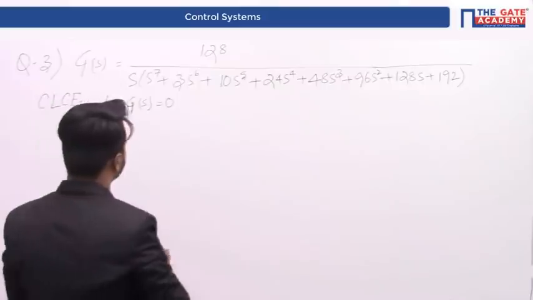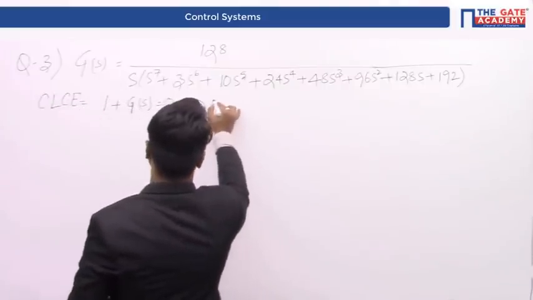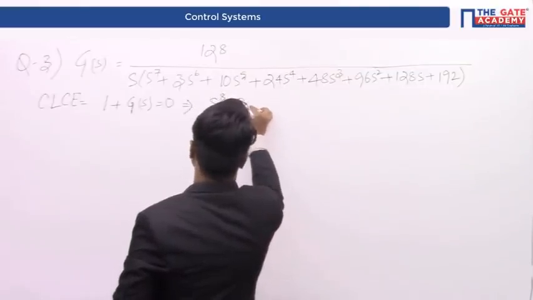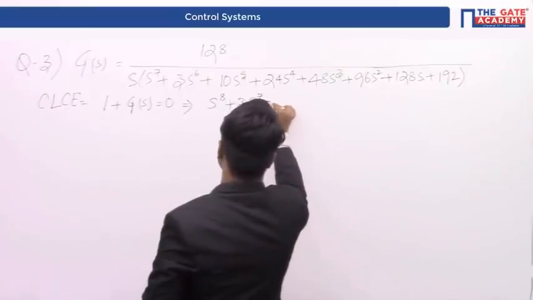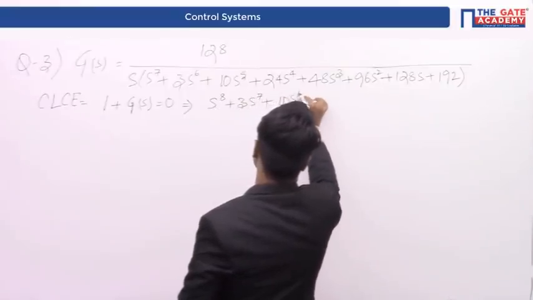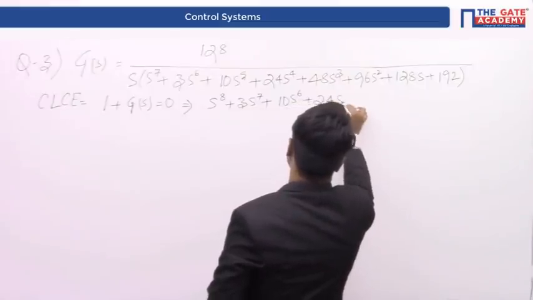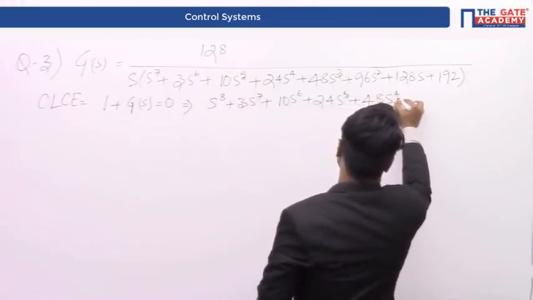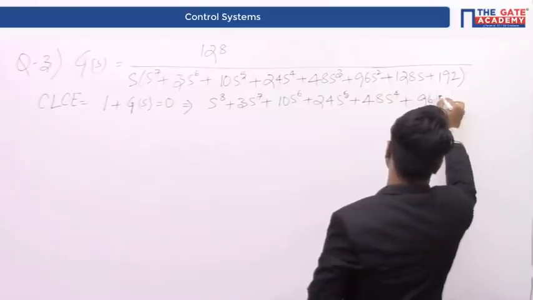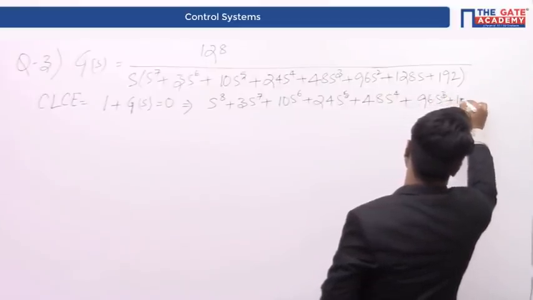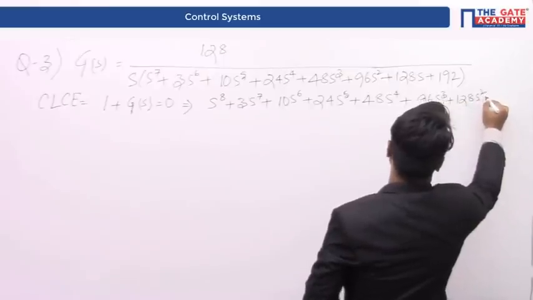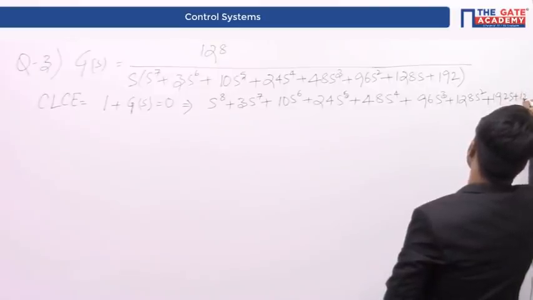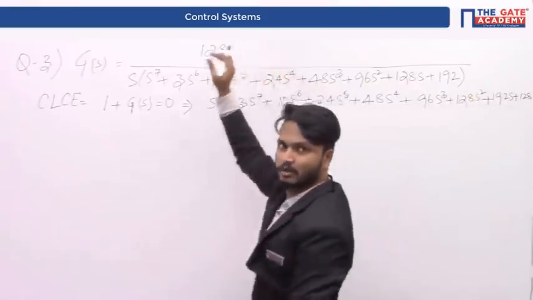Therefore, the characteristic equation is going to be something like this: s power 8 plus 3 s power 7 plus 10 s power 6 plus 24 s power 5 plus 48 s power 4 plus 96 s cube plus 128 s square plus 192 s plus 128, because in the numerator it is 128.